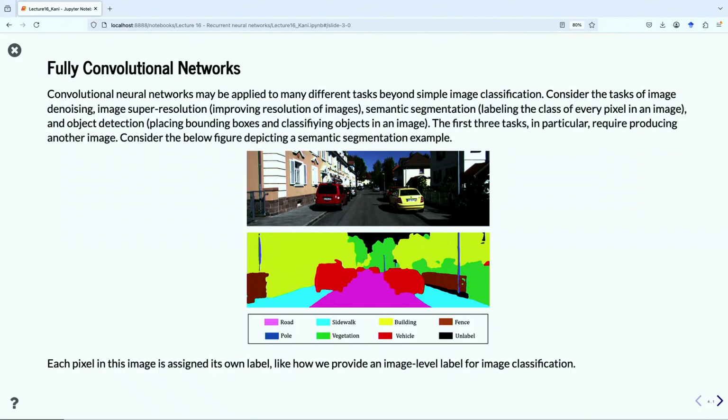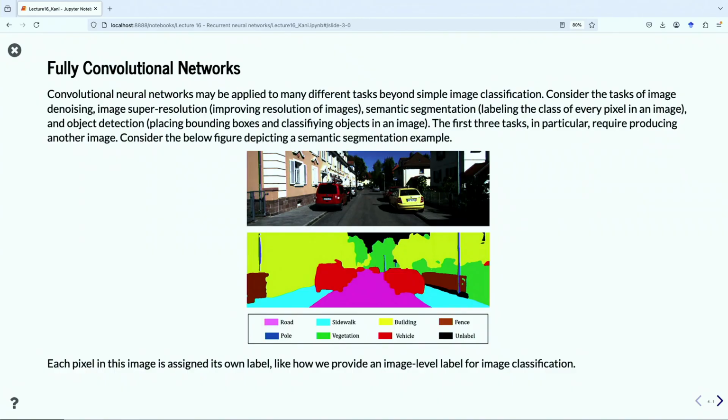For instance, we have a picture of a street with some cars, and we want to identify the vehicles, and then the road, the sidewalk, the buildings, etc. This is the first step to image processing on a road: you want to know what parts of the picture belong to what class.